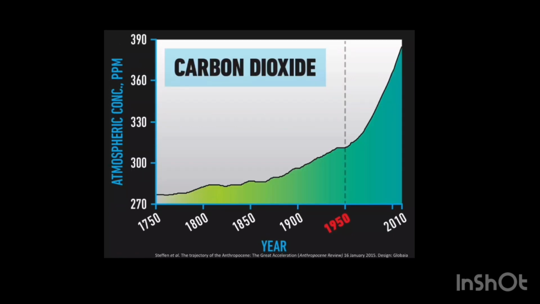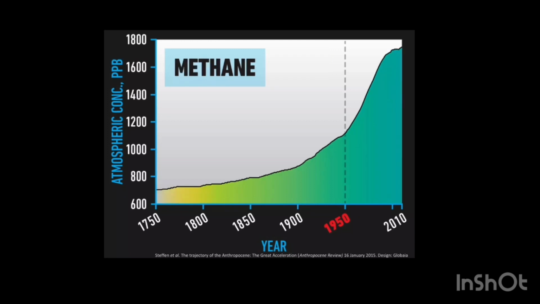This is the atmospheric carbon dioxide. So you see the dramatic acceleration that takes place by the 1950s, though it has started much before in human history. You see methane. This is again the global atmospheric methane.